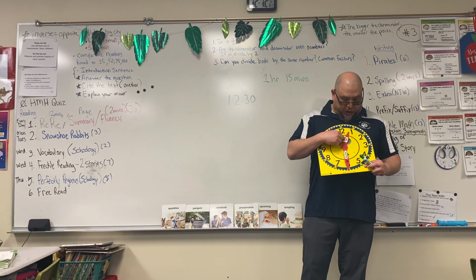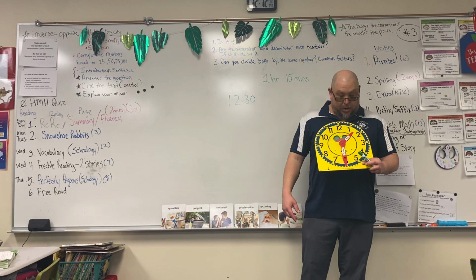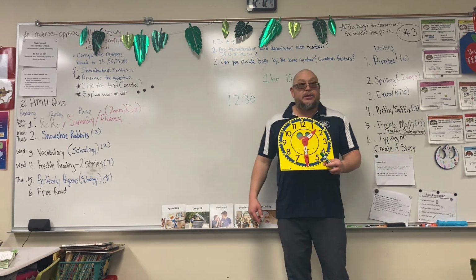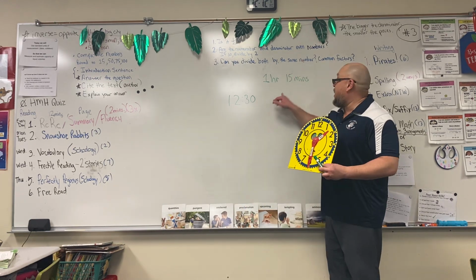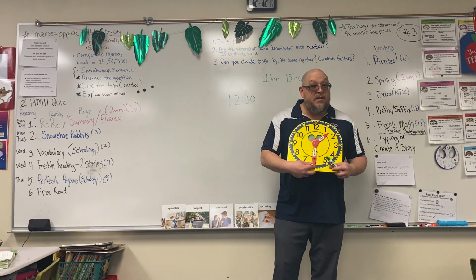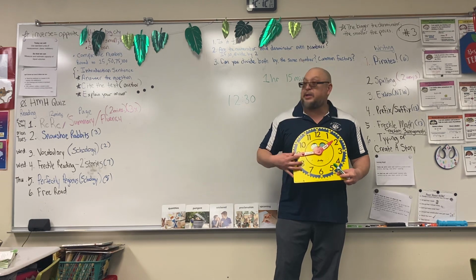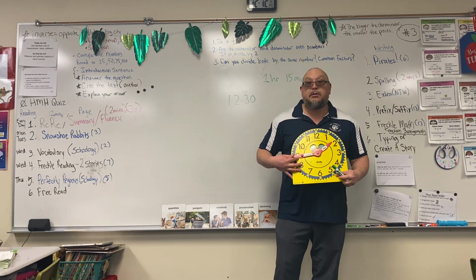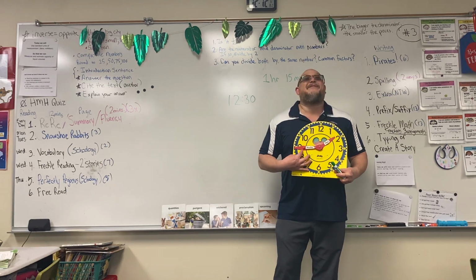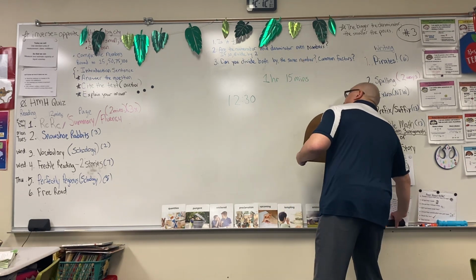So I'm not going to just go to the 1. I'm going to go halfway, like a full hour. So now instead of 12:30, it's what? 1:30. Now what I'm adding is my 15 minutes. So I'm already at the 30. I'm just going to count 15 minutes. 5, 10, 15. What time is it? 1:45. Okay, that was an easy one.